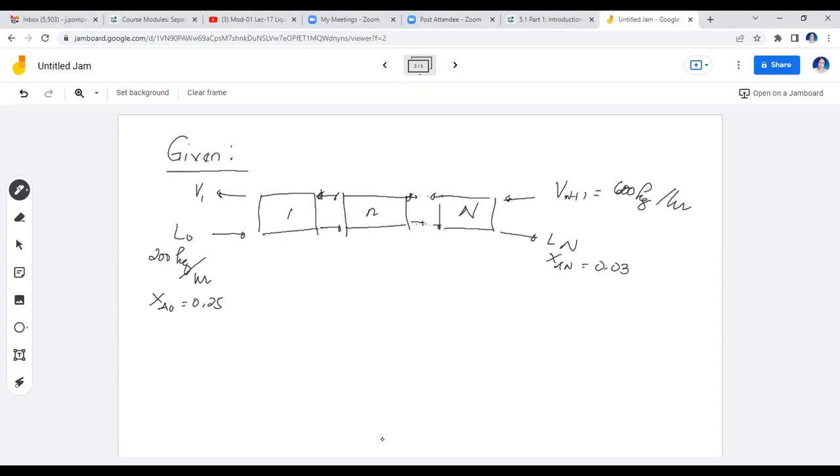And that's it. Would you like to add anything more on the given? Is there added information that you can place in here? None? Okay.